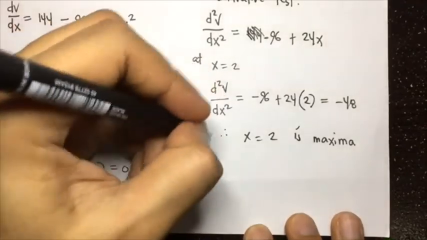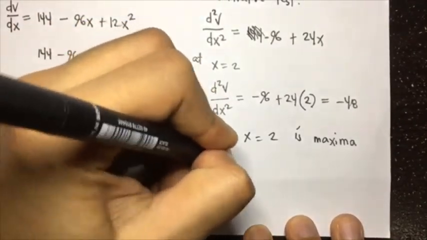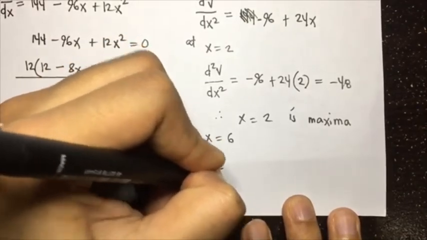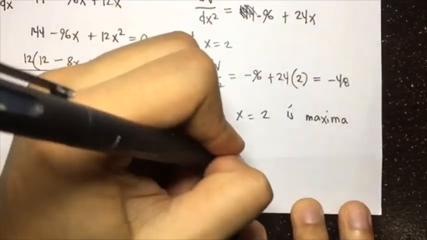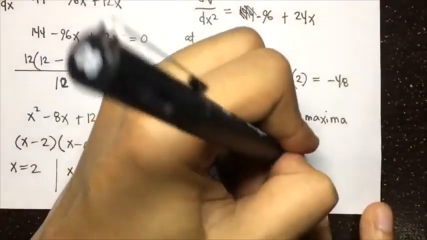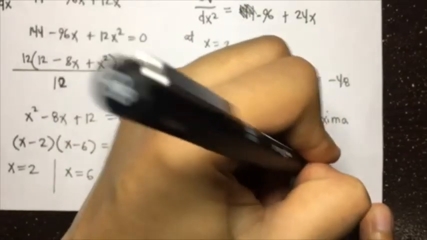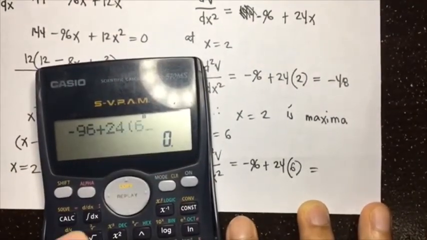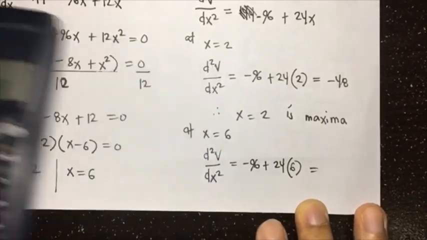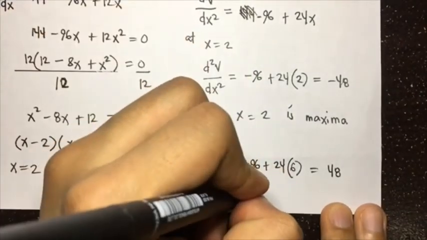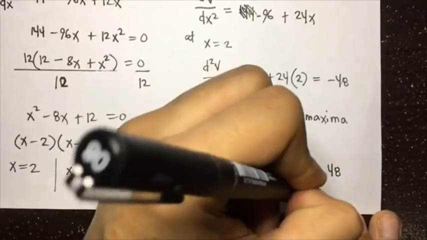We can also try the other one. At x equal to 6, d squared V over dx squared is equal to negative 96 plus 24 times 6, so we have positive 48. Since that is greater than 0, x equal to 6 is a minima.